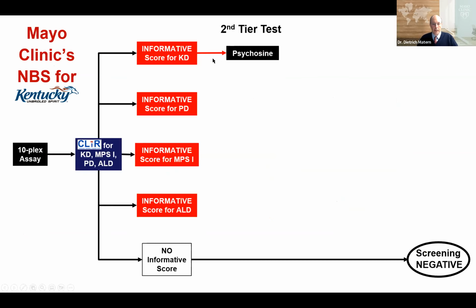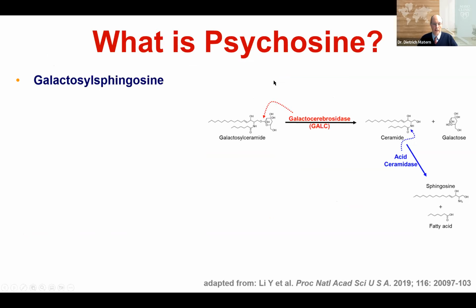So for Krabbe disease, when we get an informative score for Krabbe disease, we do the psychosine analysis. What is psychosine? Joe mentioned it already. In a healthy baby not affected with Krabbe disease, this enzyme works just fine on galactosyl ceramide, producing ceramide, and then acid ceramidase is chopping off the ceramide into sphingosine and a fatty acid.